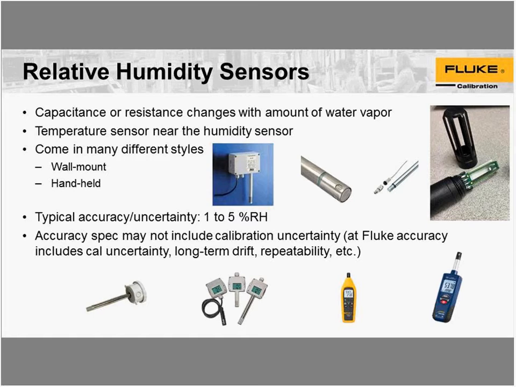So it's fairly common that you will see a temperature sensor and a humidity sensor mounted inside the probe. Of course, they come in many different shapes and sizes. They're embedded all over the place in industrial or manufacturing processes. And the typical accuracy or uncertainty associated with these varies quite a bit.